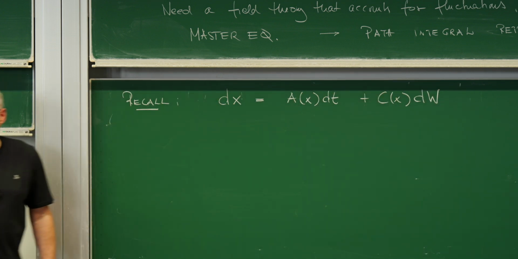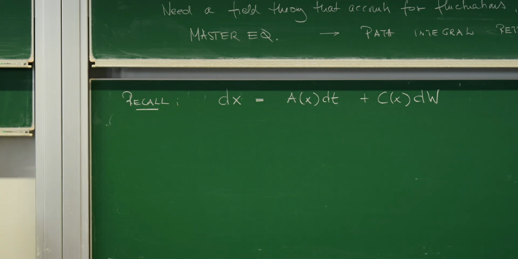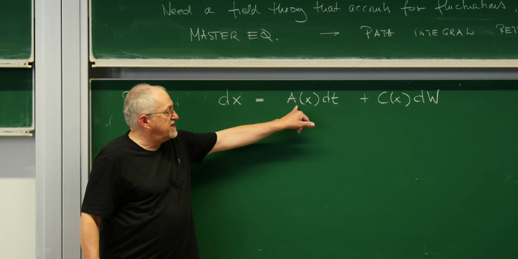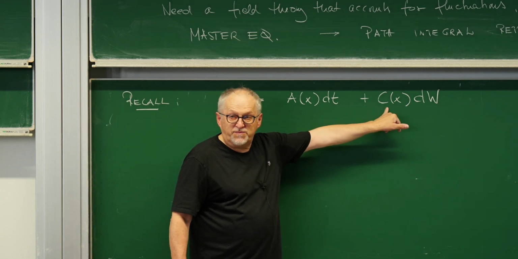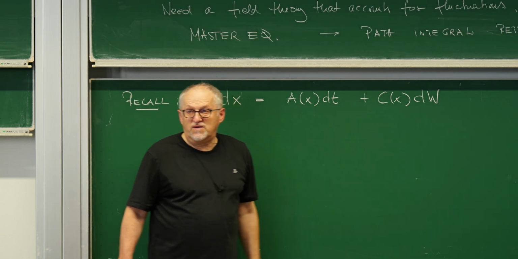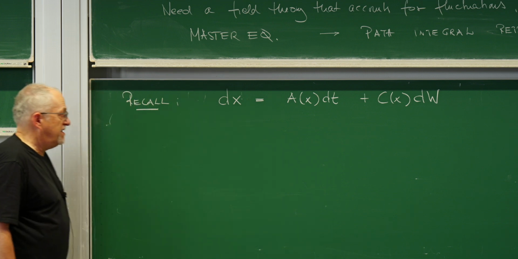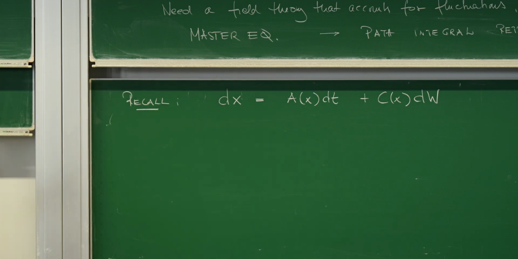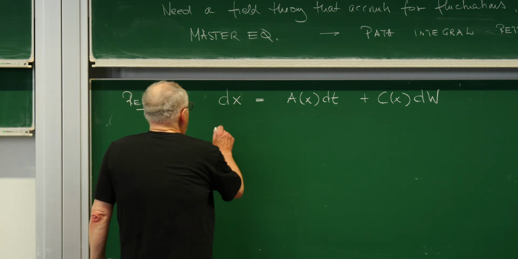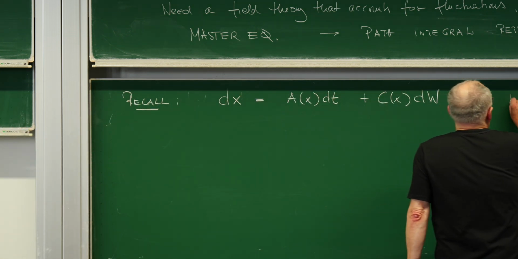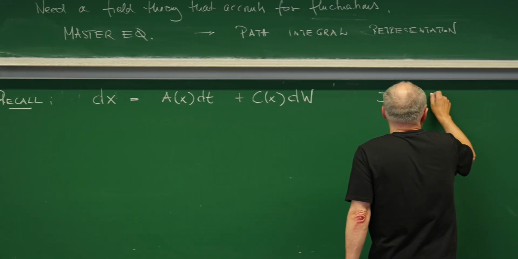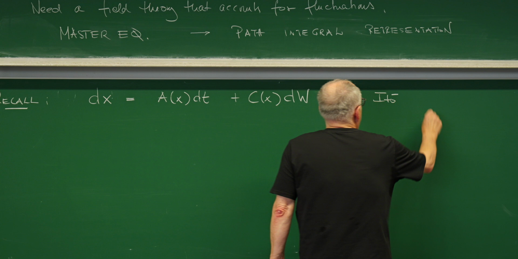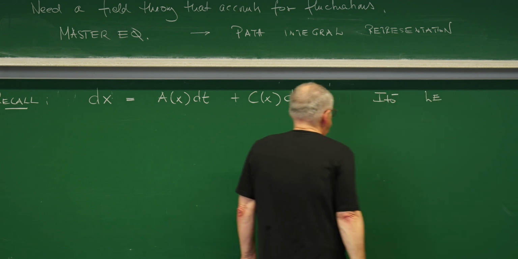I'm just writing it without vector indices. So this is a Langevin equation with a state-dependent amplitude in the drift and a state-dependent amplitude in the noise. Okay, it's for a particle or a vector x that we looked at. You know this Langevin equation you can write in different forms. So let's think of this in an Ito sense.